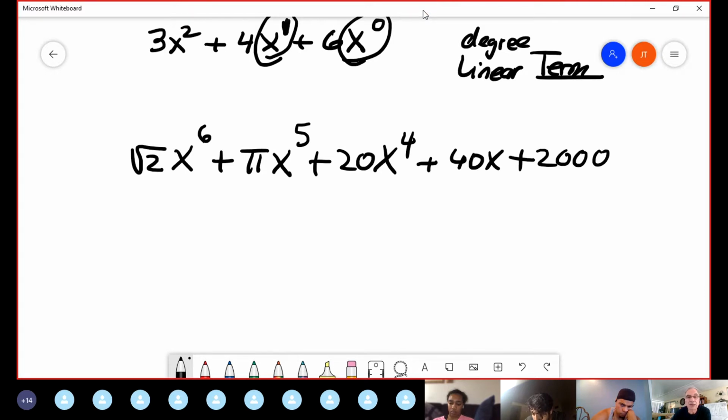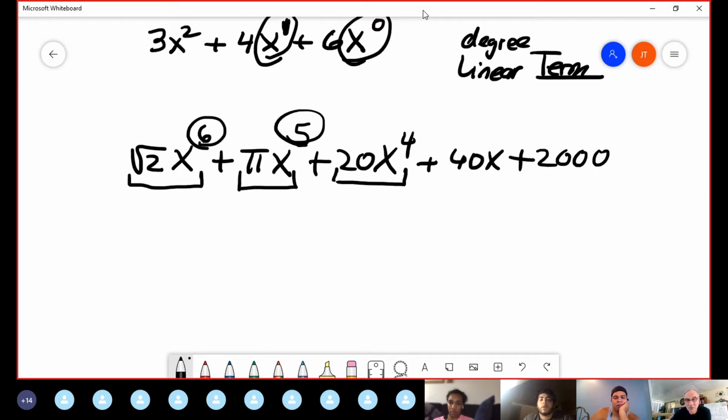What is the degree of each monomial? Degree of the first one? 6. What is the degree? 5. What is the degree? 4. What is the degree of this guy? 1, because the exponent is invisible.